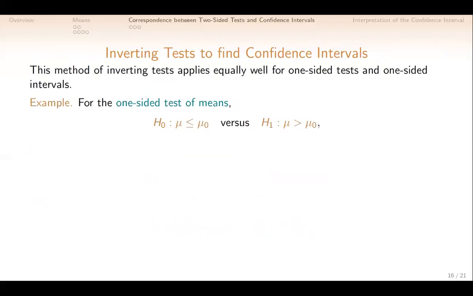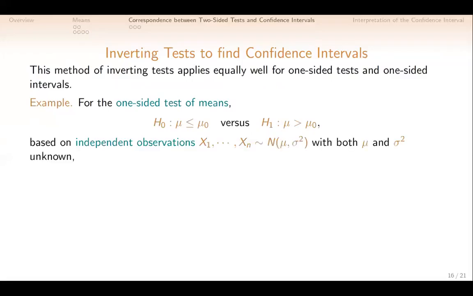Okay, so you can do this for one-sided tests and one-sided intervals. In terms of a one-sided test of means, let's say my alternative is greater than mu naught. If I pick observations that are normal, but I don't know the mean and I don't know the standard deviation, then the test statistic is this t statistic, x bar minus mu naught over s divided by the square root of n.